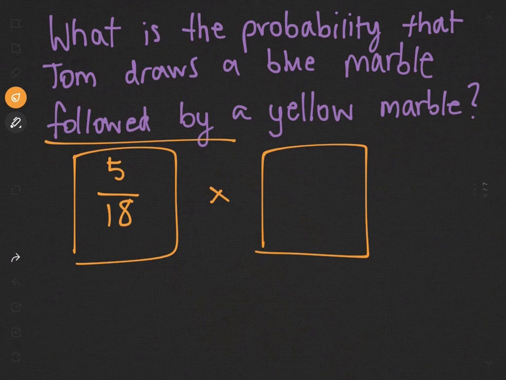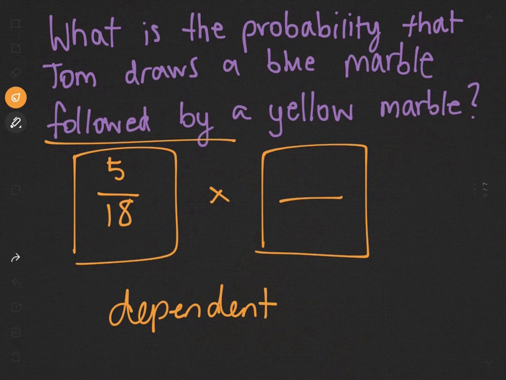But here's the thing. As you can see in our previous example, the one with the coins and the dice, I had 2 dice, I had 2 coins. But this is the same exact bag. So this is what we call a dependent event. It's not independent like our other 2 multiplying examples. In this dependent event, because Tom already drew a marble, for his second draw he's only going to have 17 marbles left to work with.